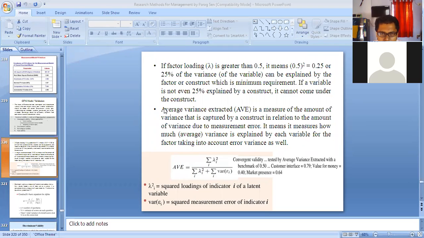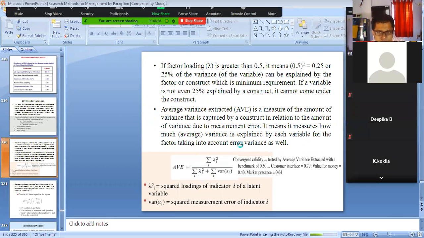If a variable is not even 25% explained by a construct, it cannot come under the construct. So what I am trying to say here, suppose I show you one diagram that will be easier for you to understand.